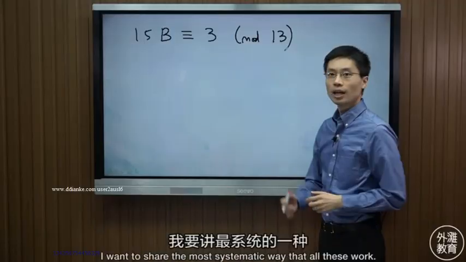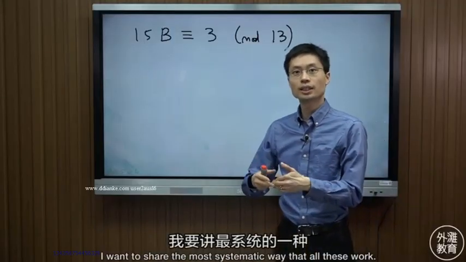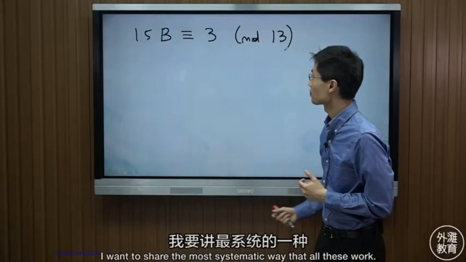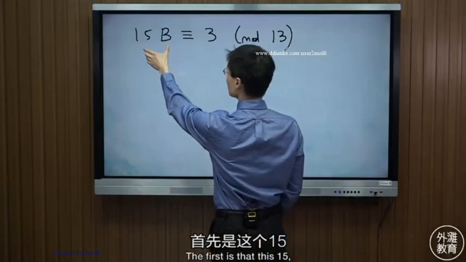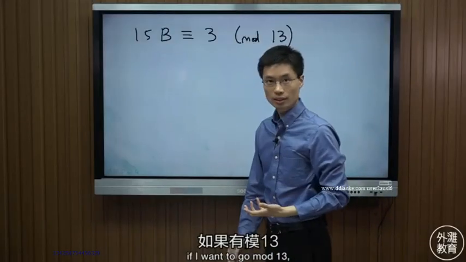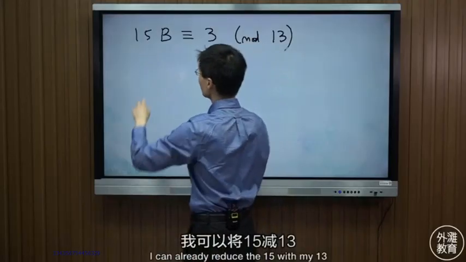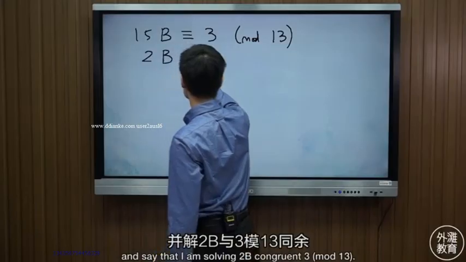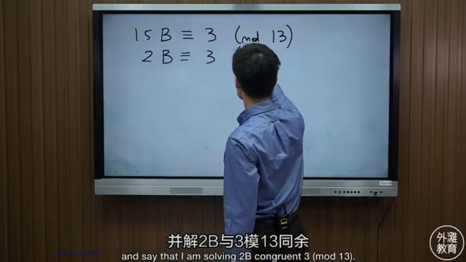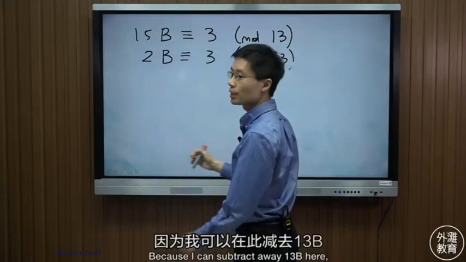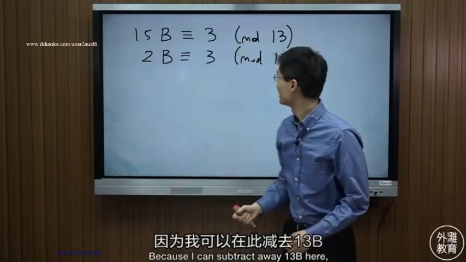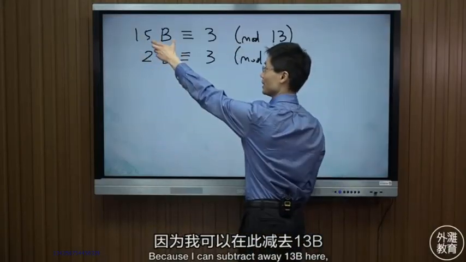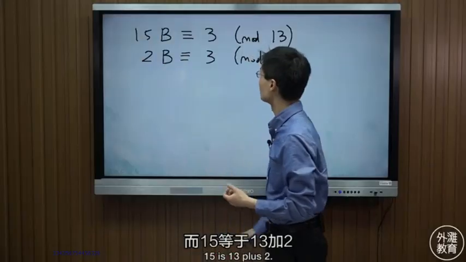I want to share the most systematic way that always works. The first is that this 15, if I want to go mod 13, I can already reduce with my 13 and say I'm solving 2b congruent to 3 mod 13, because I can just subtract away 13b here. 15 is 13 plus 2.